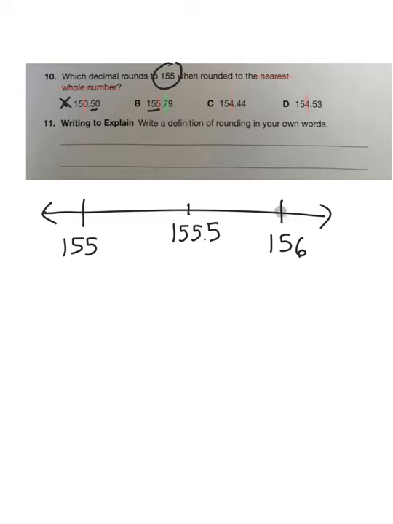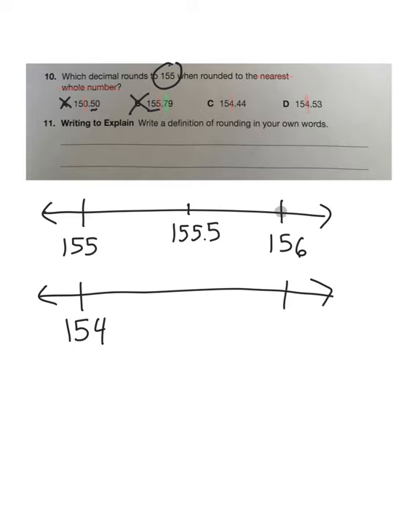For this one, I would round up to 156. So I can eliminate choice B for that reason as well. That leaves me choosing between C or D. I'm rounding either down to 154 or up to 155, and I'll let you try to figure that out. Which do you think it is, C or D?